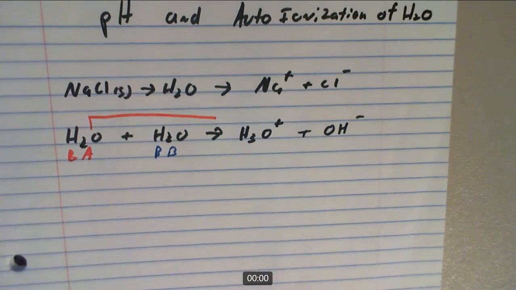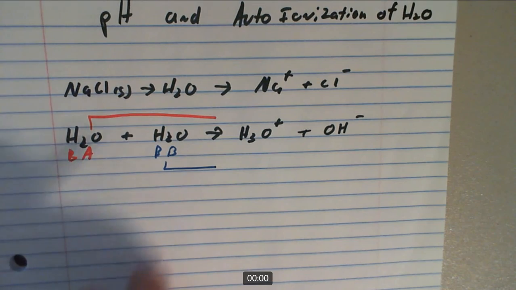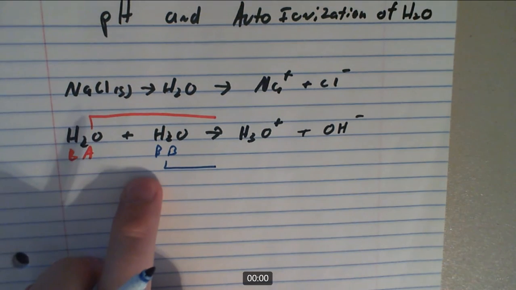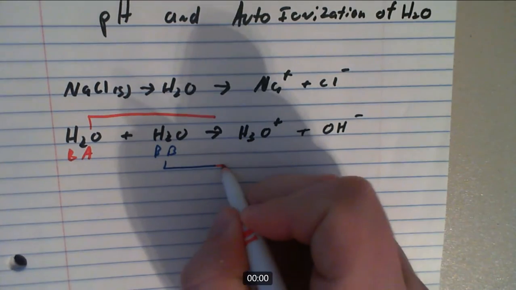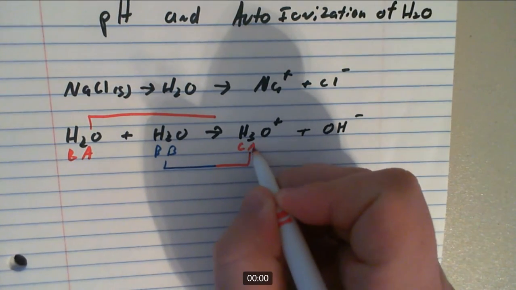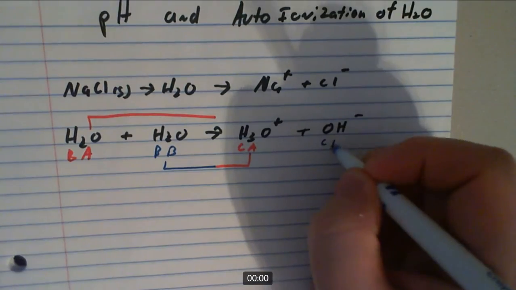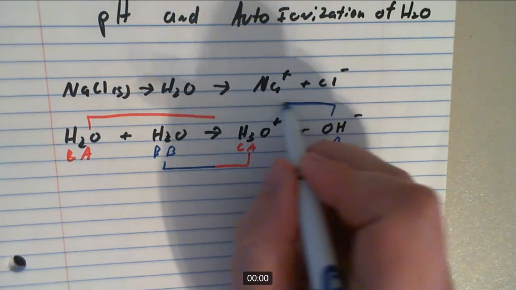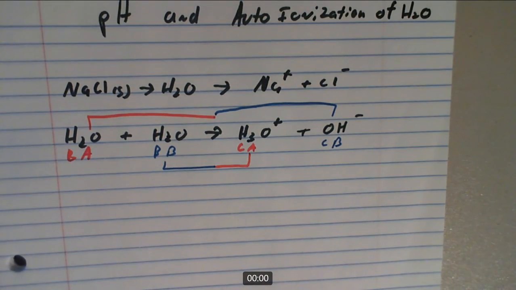If this is the base, this is the H2O, it is going to gain an H+, and it's going to turn into this, which is the conjugate acid, which would make this, of course, the conjugate base. There we go. Just like that.